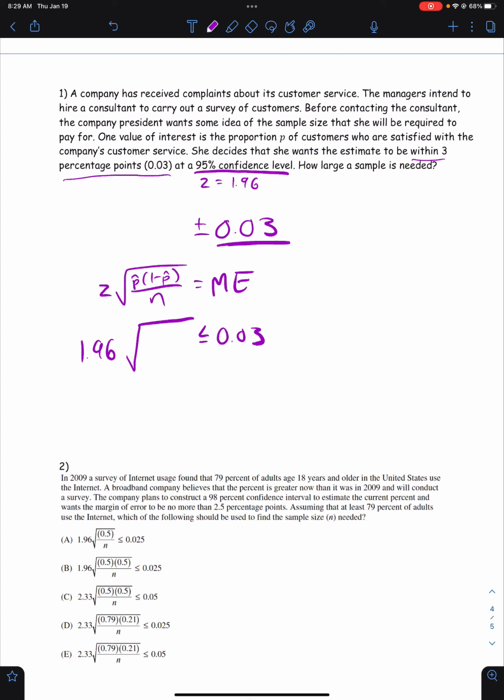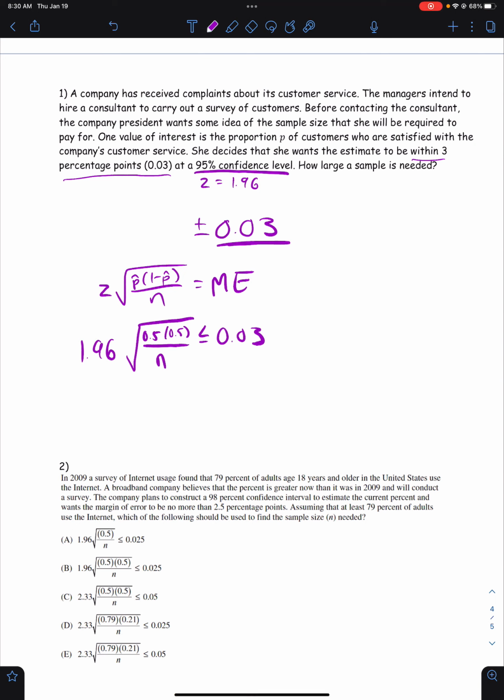It does not. So if we don't have any previous survey or previous study to go by, we have to use a p-hat value of 0.5. And why 0.5? Because we have to be as conservative as possible. If we don't have any previous information, we have no idea what the p-hat can be. So multiply that by 1 minus p-hat, which is still 0.5, over the square root of n. And this just becomes an algebra question, really.